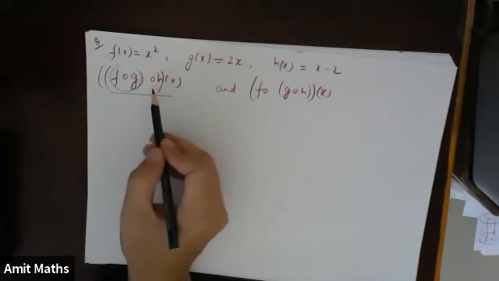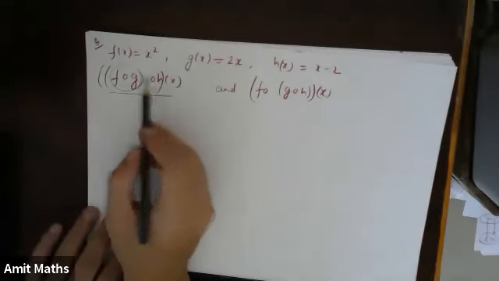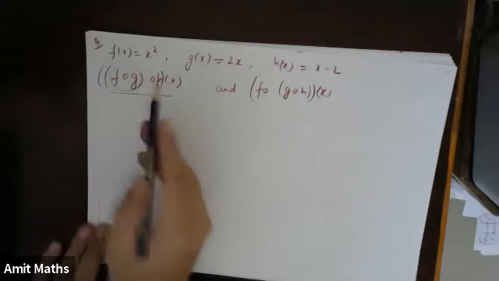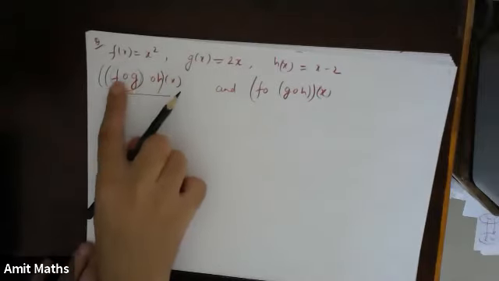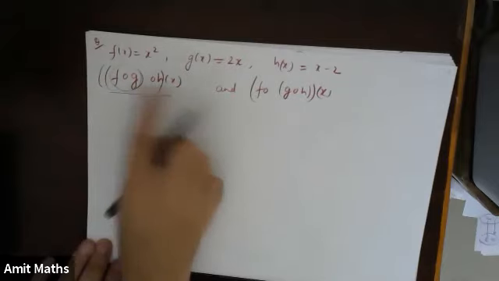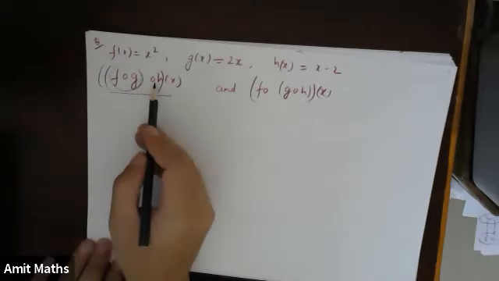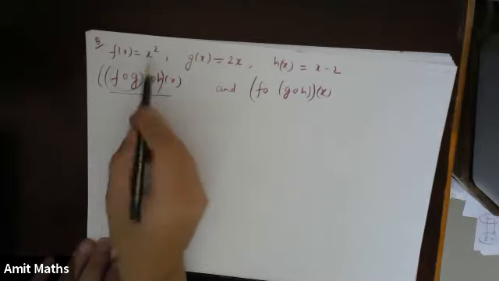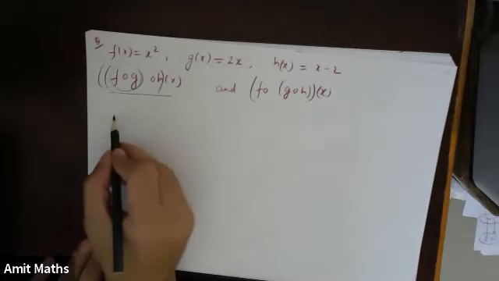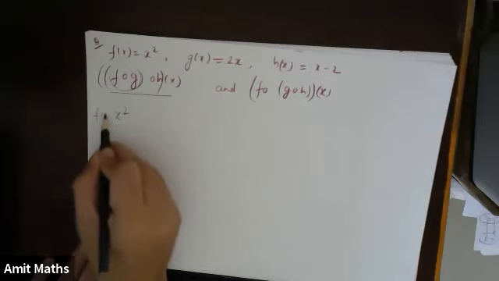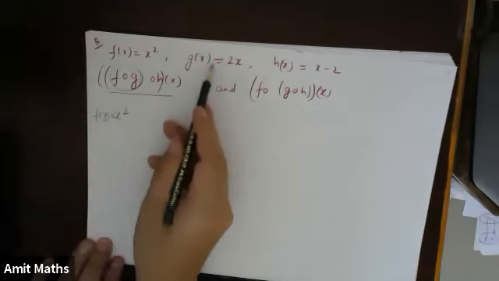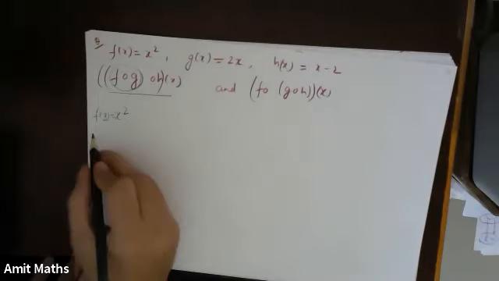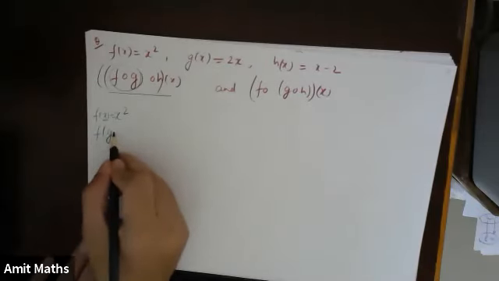F o g means in function f we substitute g. f is x square, so in x square, when I substitute g of x, this is f of g of x.